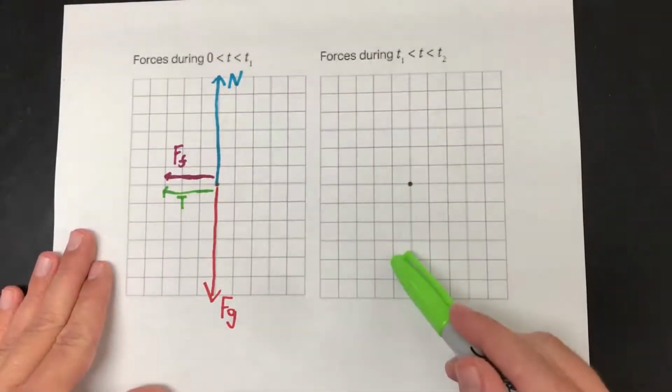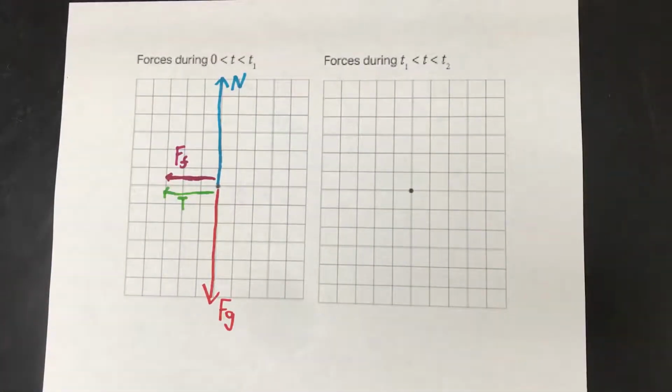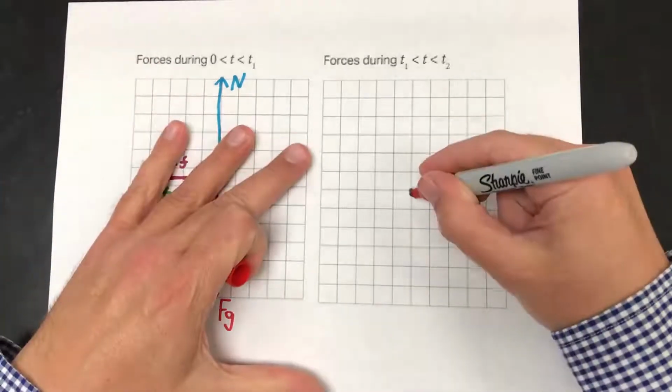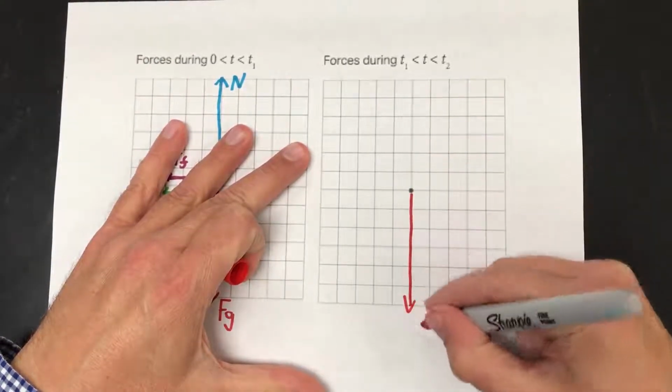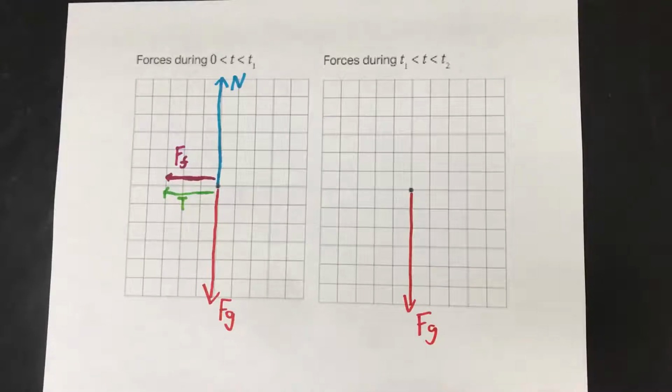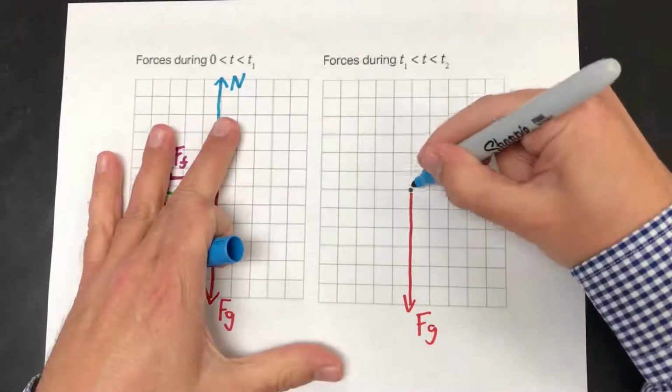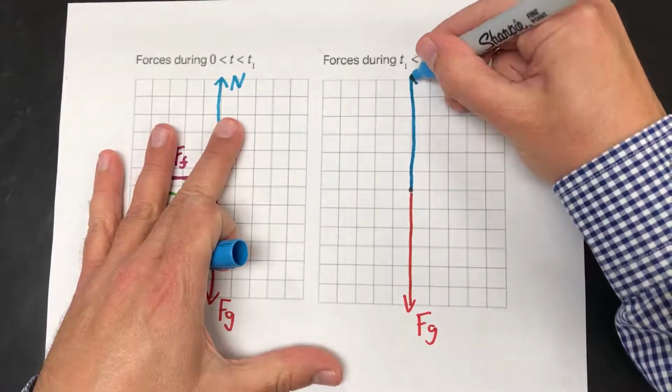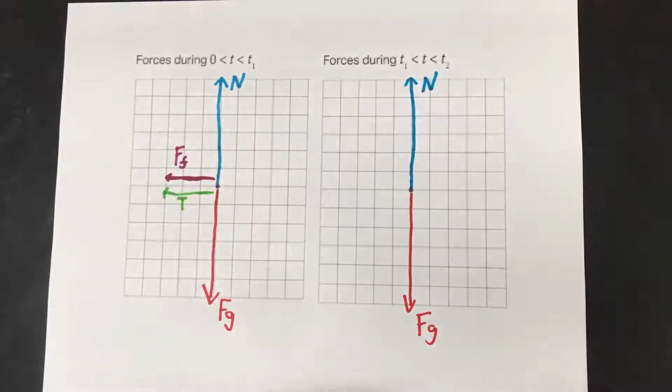So on this one, now we're moving to the left. Once again, we should have gravity down, same as before. To counteract that and balance out the forces in the y direction, the normal is up, same as before.